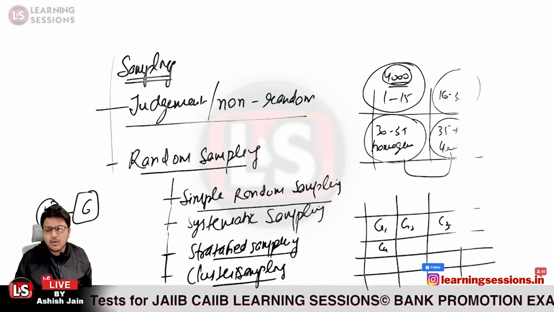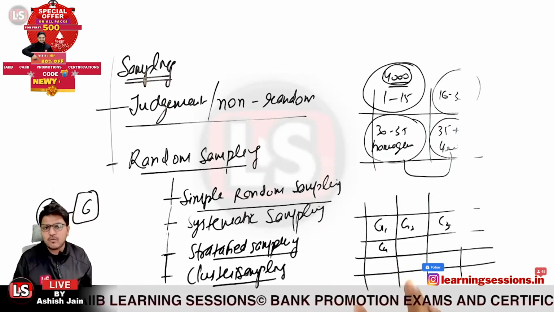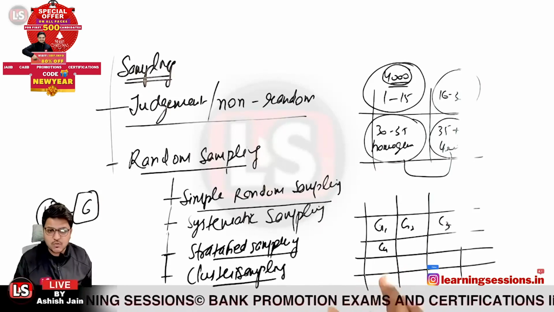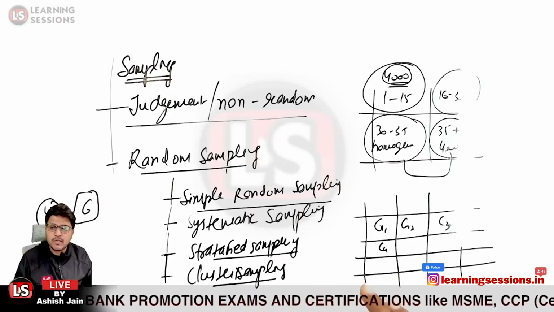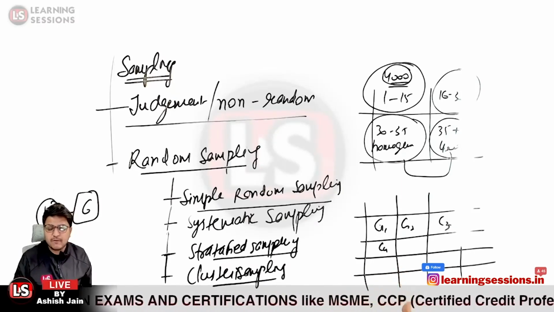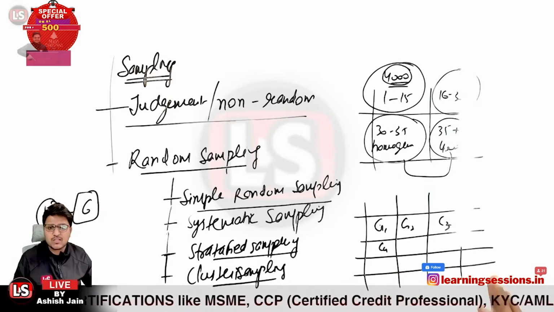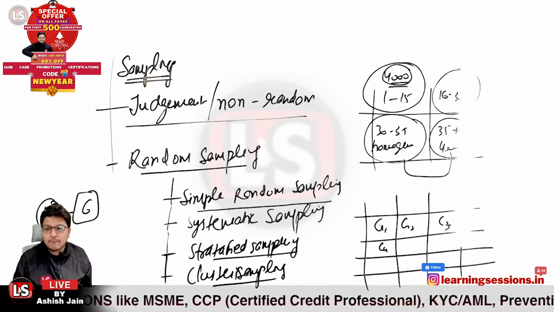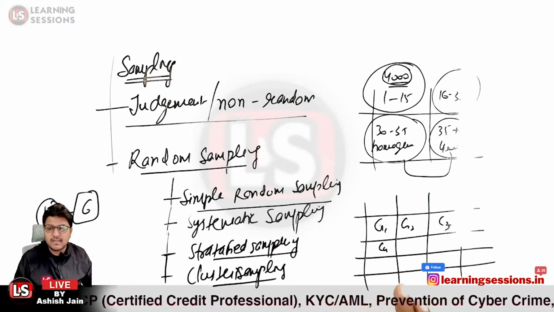Now if we look at a particular cluster, there will be different people residing in one cluster. For example, if the city is divided into different colonies or different mohallas, different categories of people with different attributes and characteristics will be residing there.